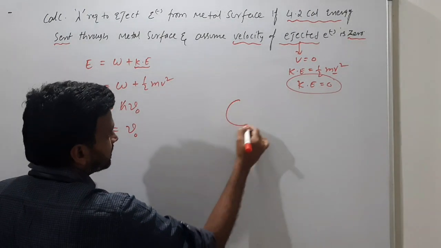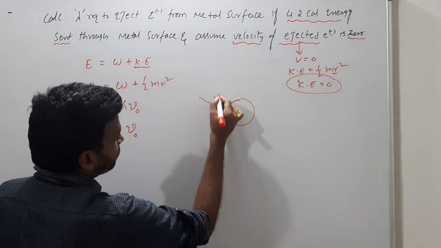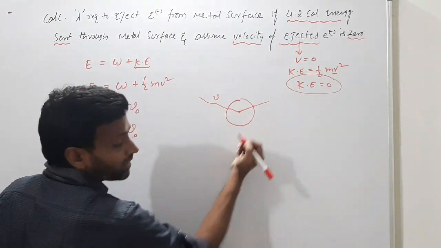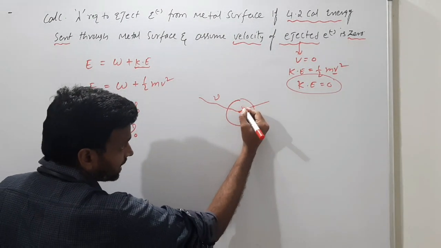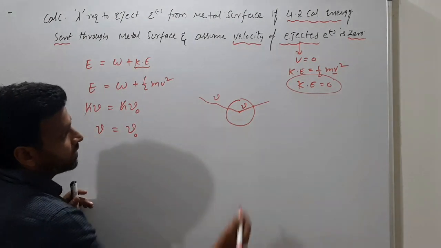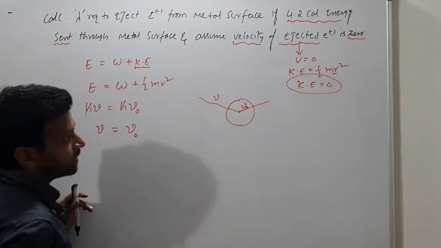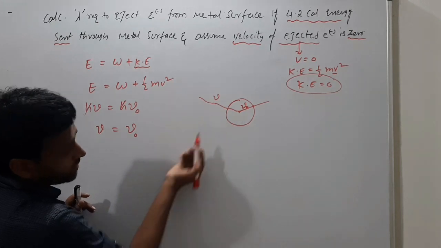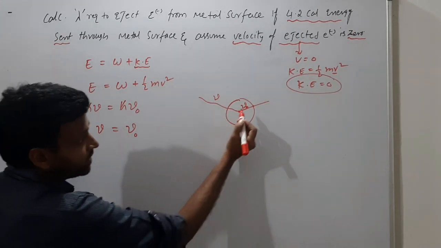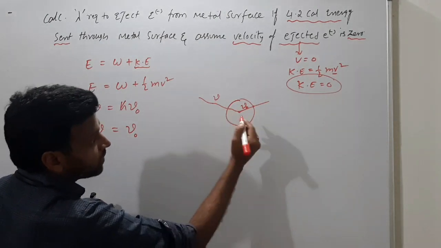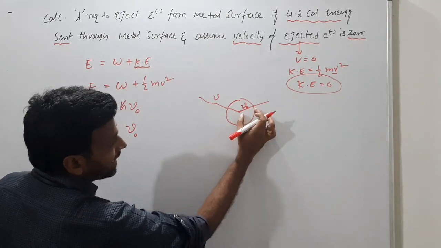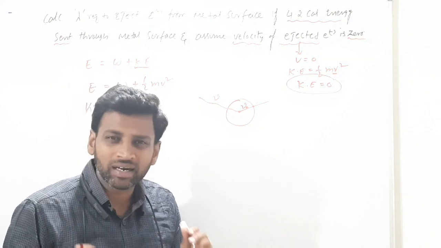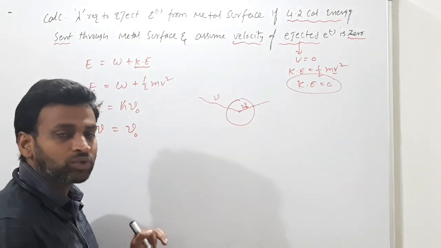Suppose this is a metal surface, you are sending this much frequency, and here is the nucleus, and between the nucleus and the outermost electron you have attractions. To remove these attractions, some frequency is required, that is nu naught. This nu is the radiation frequency, and this nu naught is the frequency required to overcome the attractive forces between these two. Understand the difference slowly, not a problem, but you have to understand.